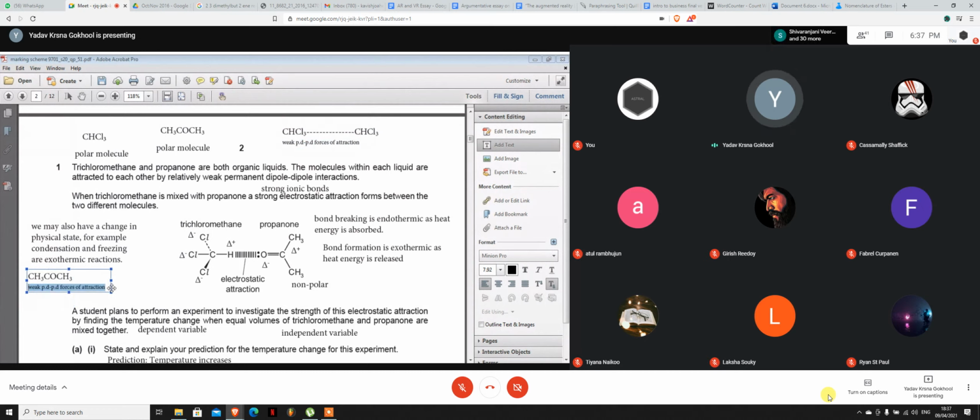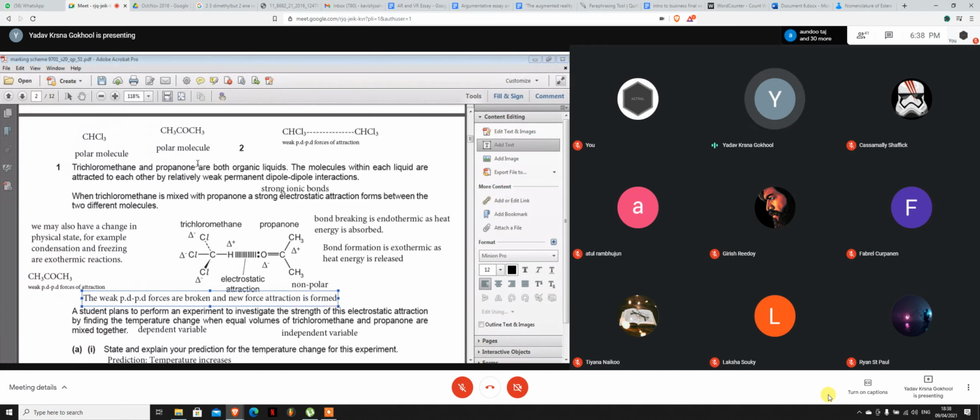So when we are mixing trichloromethane with propanone, what we have to understand is that the weak permanent dipole forces are broken, and new force of attraction formed.